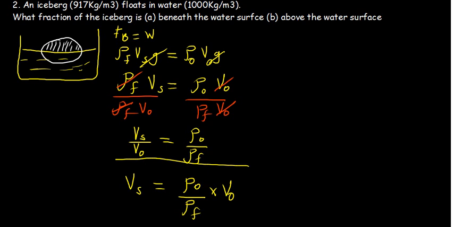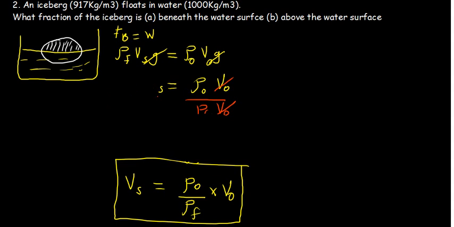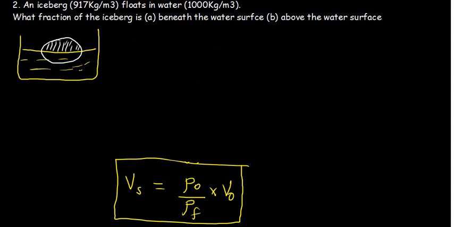So this formula is very important here. Now this volume Vs, the volume of the solid, is the volume that is immersed in the water. So the volume of the solid immersed in the water is going to be the density of the object, which is 917, divided by the density of the fluid in which it is floating, that is 1000, multiplied by the volume of the object. Now the volume of the object, you take the whole of this.